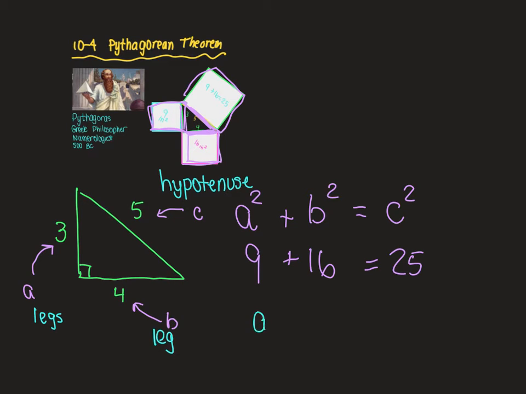So instead of writing A, I can say Pythagoras' theorem by saying if I take one leg and I square it, and I add it to the other leg squared, it will always equal the hypotenuse squared. So that's just another way of writing his rule, his pattern, the thing he noticed.